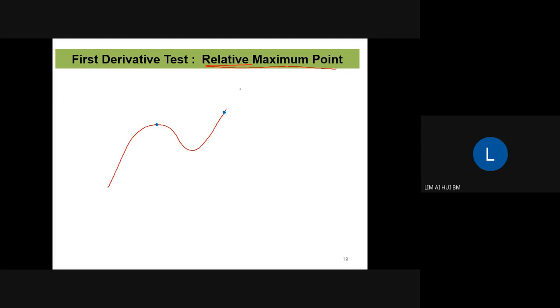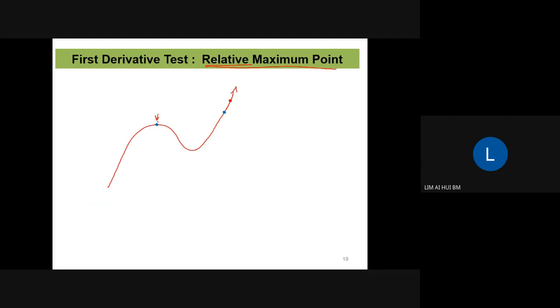It's not true also, because some of you may say that I have a higher point than what you all said. Okay, I have a higher point over here. So is this a maximum? It's not true, because our graph keeps on increasing. Okay, there is no maximum. Maximum is infinity. All right. So how do we call this point?